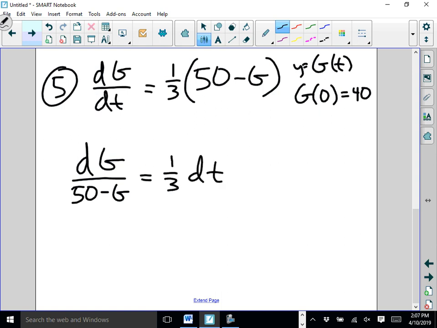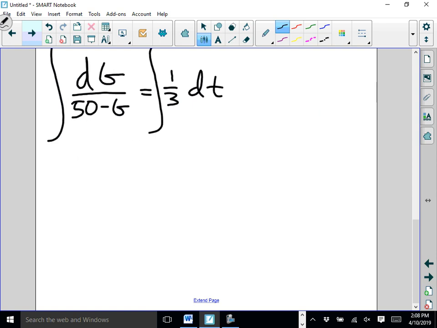Going ahead and integrating this thing, I get, now pay attention, our variable is negative, so we get negative ln of 50 minus g equals 1/3 t.